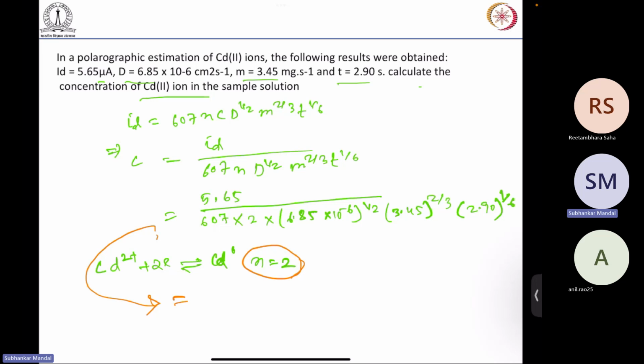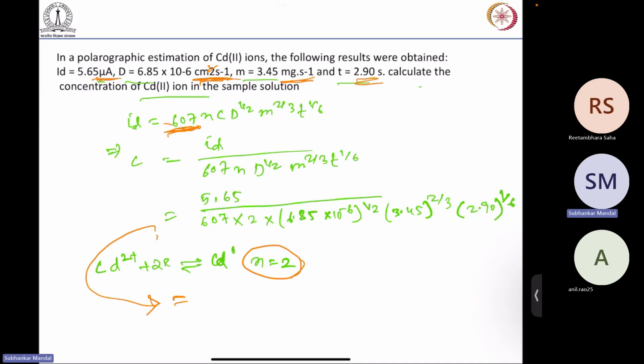Before doing that, I want to draw attention to the units of this equation, which you have to remember. Diffusion coefficient in centimeter square second inverse, m is the weight in mg per second, and time is in seconds. Then the current value comes in microampere, because we have put in the Faraday constant and temperature in 607.